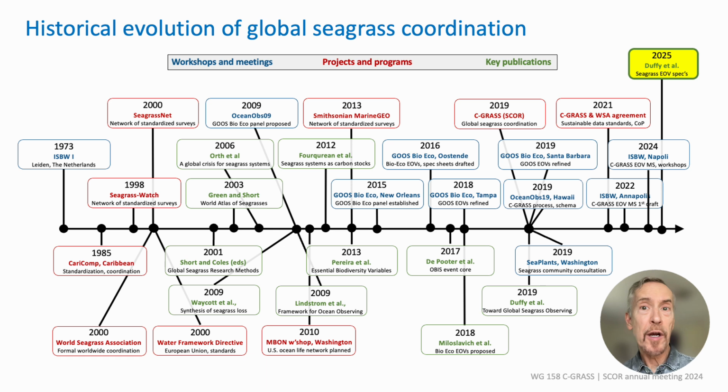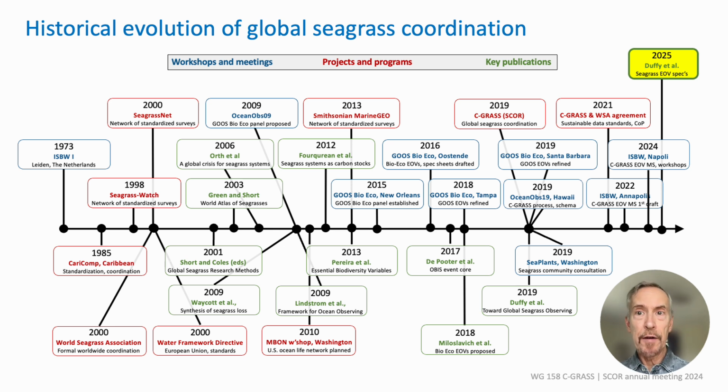This has been the culmination of a very long process, which, very briefly, I will mention began in the early 1970s when seagrass ecologists first got together to attempt to coordinate and standardize what they were doing. It progressed through the development of the framework on ocean observing, and then the launch of the Global Ocean Observing System, the development of the essential ocean variables.